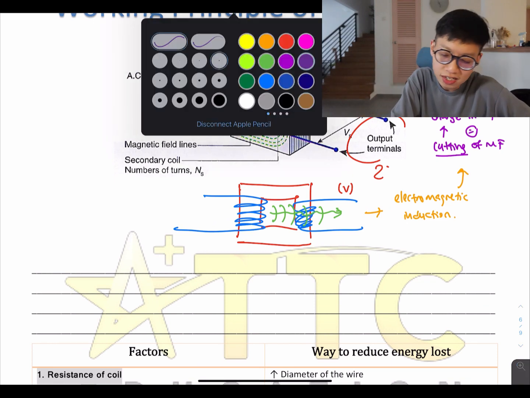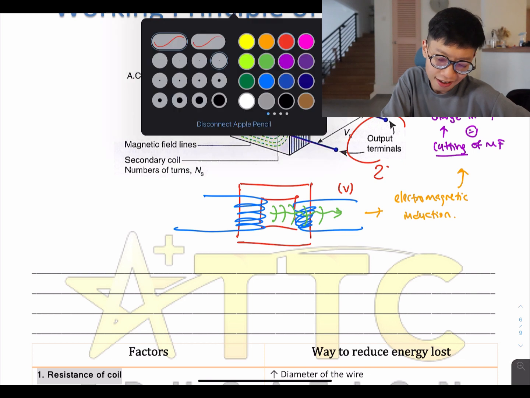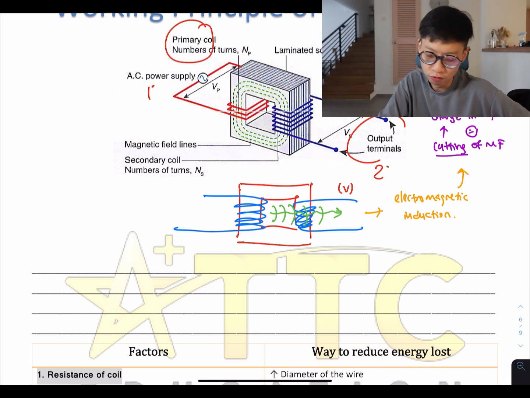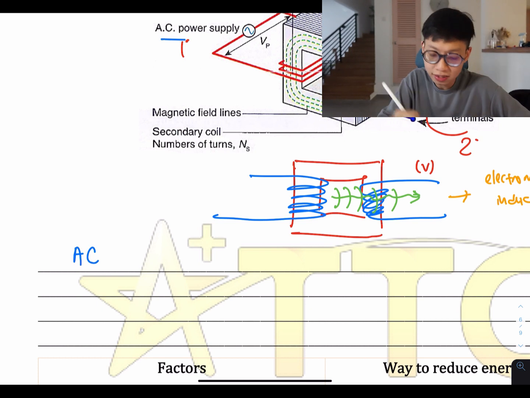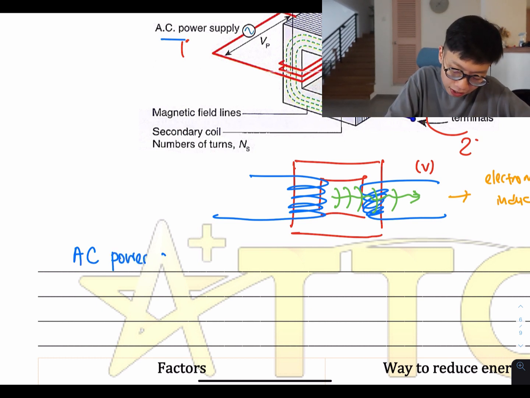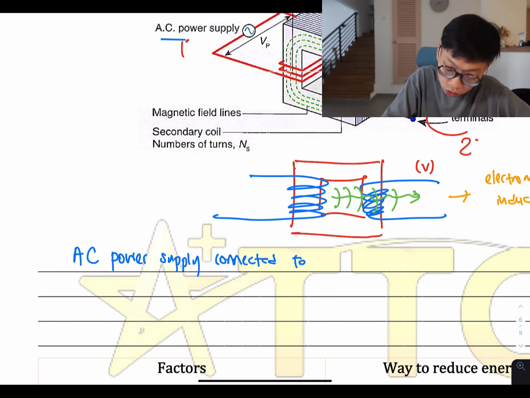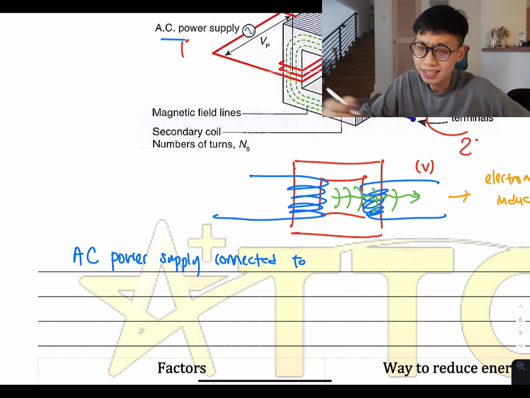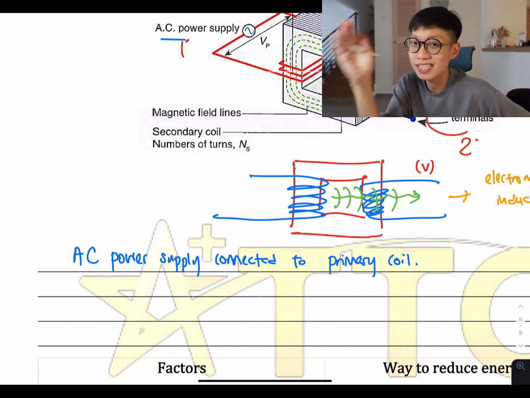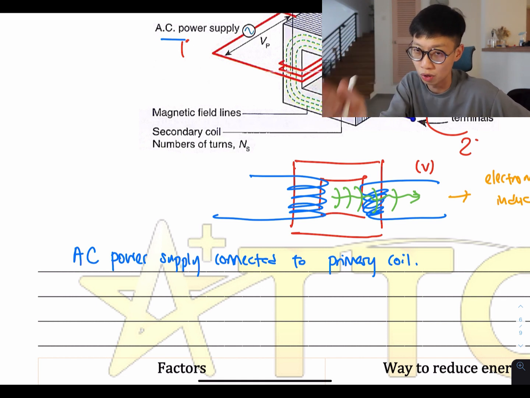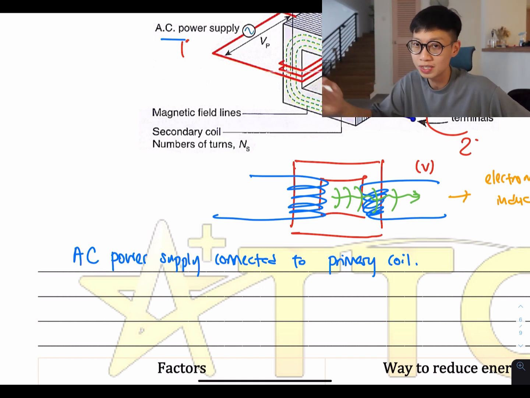Now there are a few things you have to be very careful about. The first one is that we will always need an alternating current power supply connected to the primary coil. If you don't use alternating current, this transformer will not work because there's no continuous cutting.